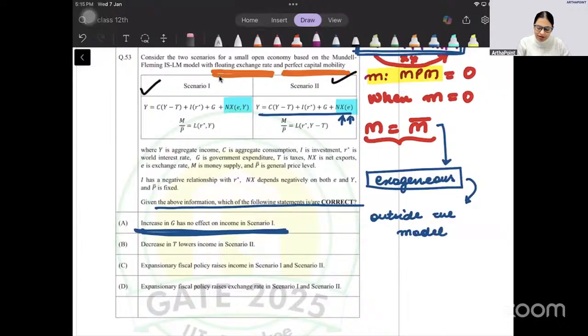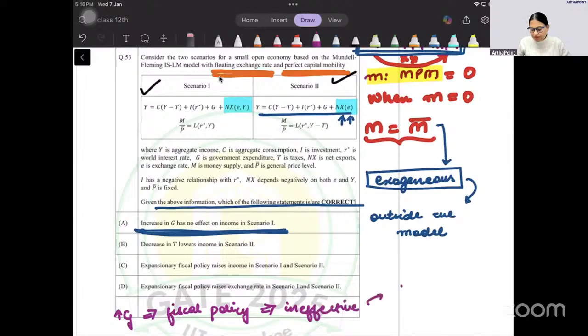Yes, good. So an increase in G means we are talking about fiscal policy. And we know fiscal policy is ineffective when we have flexible exchange rate and perfect capital mobility.